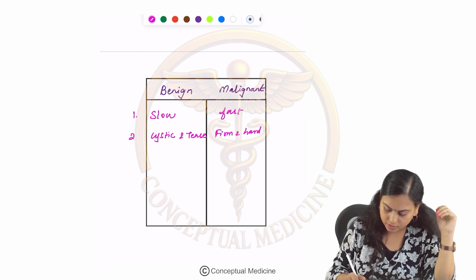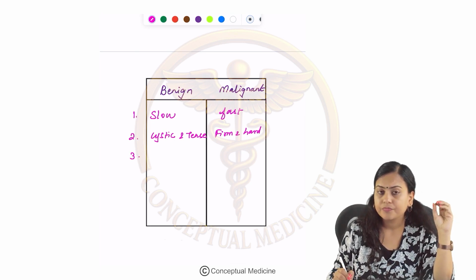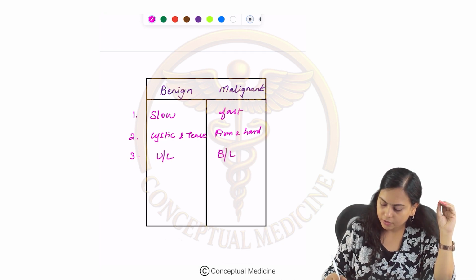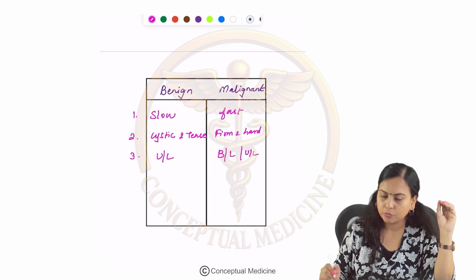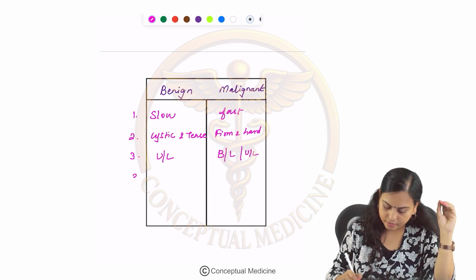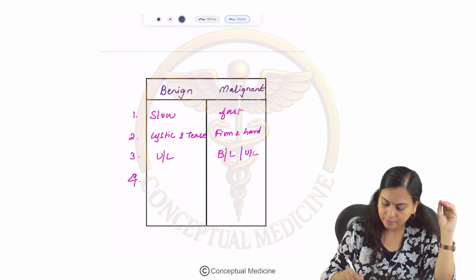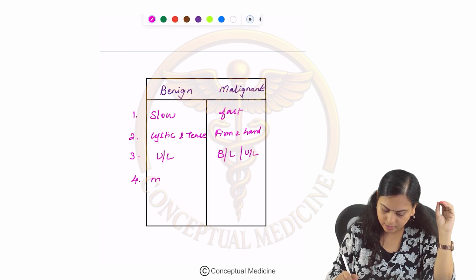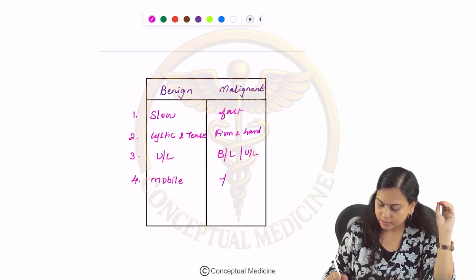So, this is the first feature, this is the second feature. And the next feature, usually benign masses are unilateral, whereas malignant masses are bilateral or unilateral. Okay, it can be both. Okay, and the next thing is, benign masses are usually mobile. Okay, they are usually mobile masses, whereas malignant masses are fixed masses.